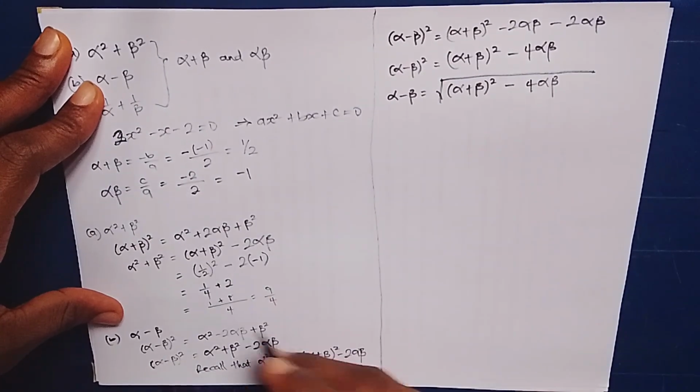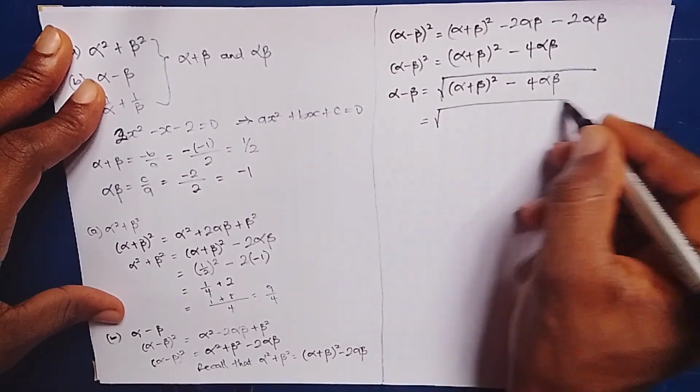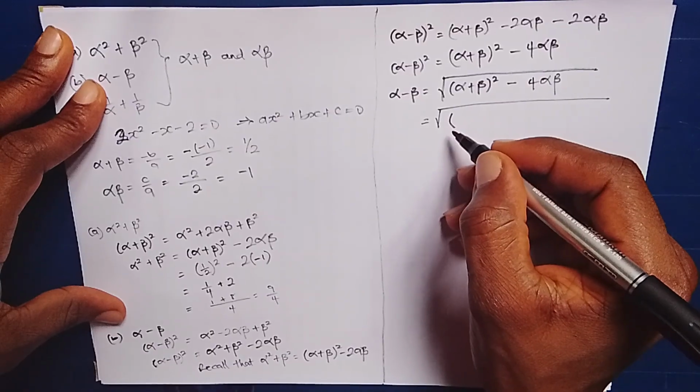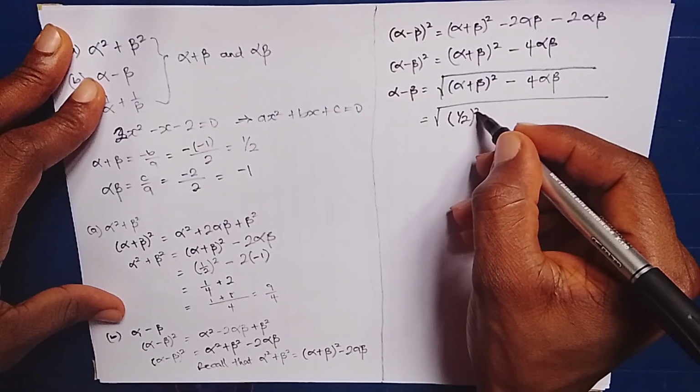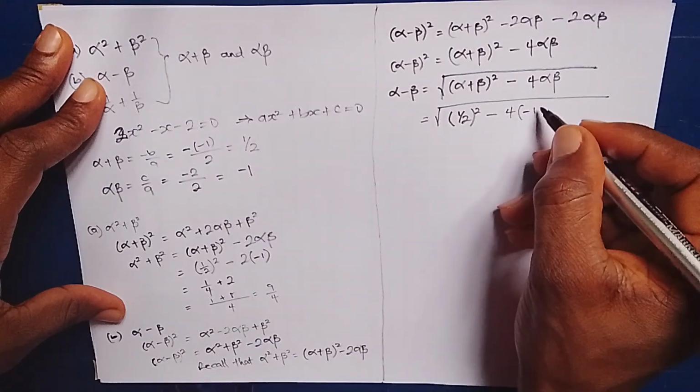Now let's substitute our values for the sum of the roots and the product of the roots. What we'll have now is alpha minus beta equals the root of half squared minus 4 times minus 1.